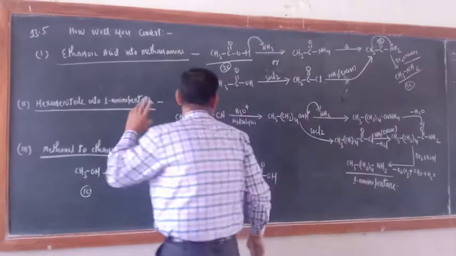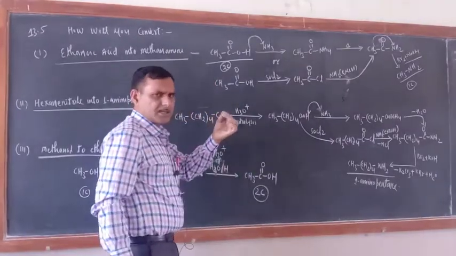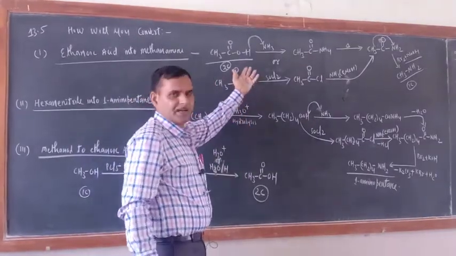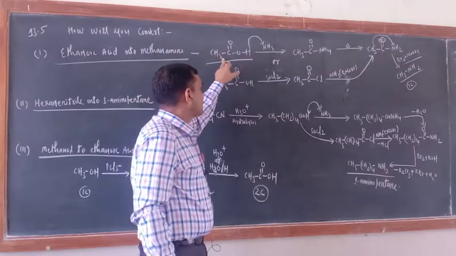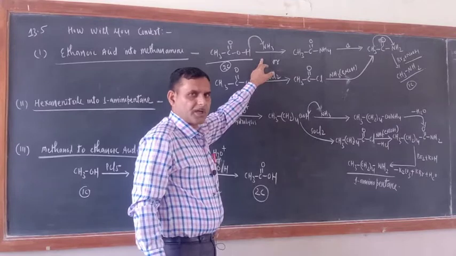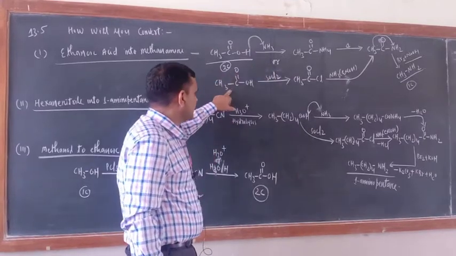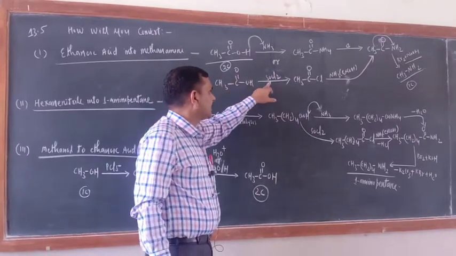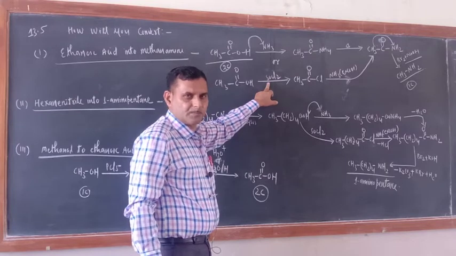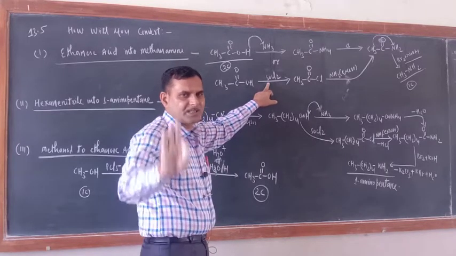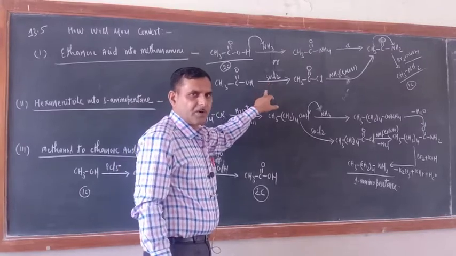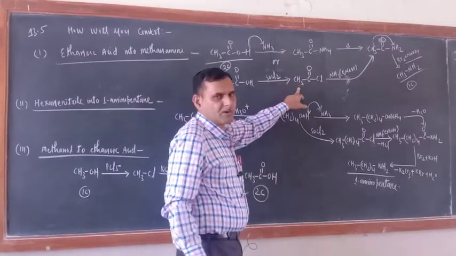There is one more way, just a supplementary way or alternative path you can say. Here what I did, carboxylic acid reaction with ammonia. First, you subject the carboxylic acid to reaction with SOCl2, thionyl chloride. Then what will you get? You will get the acid chloride.